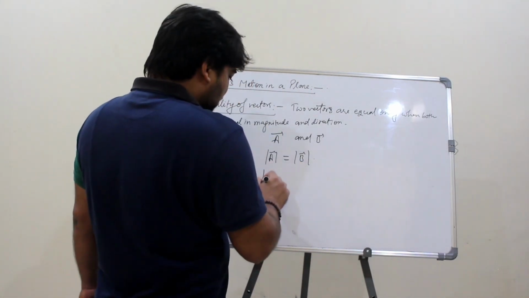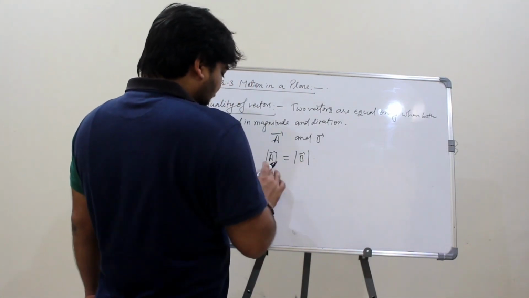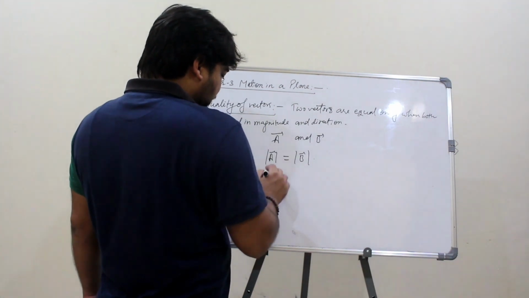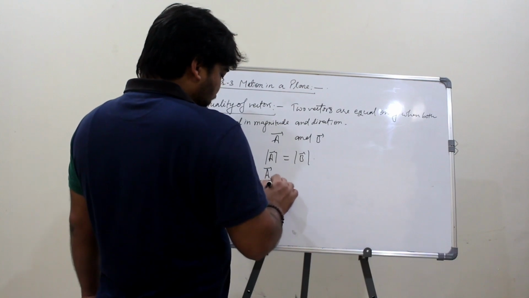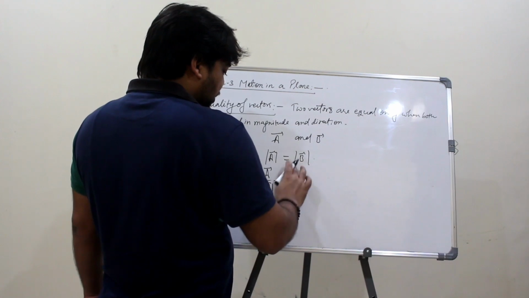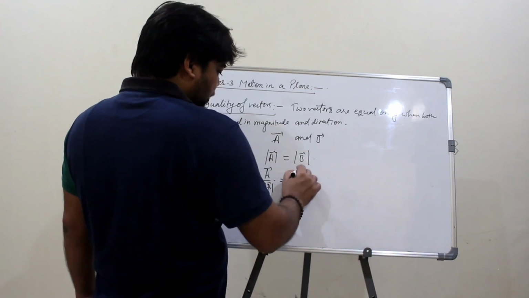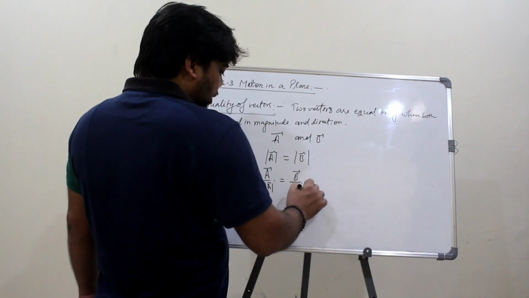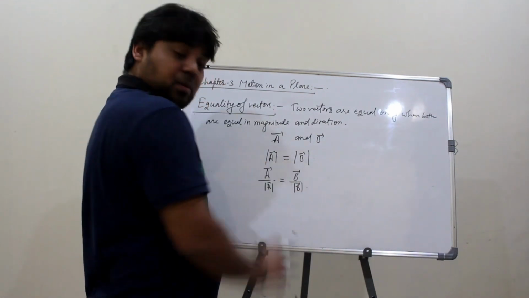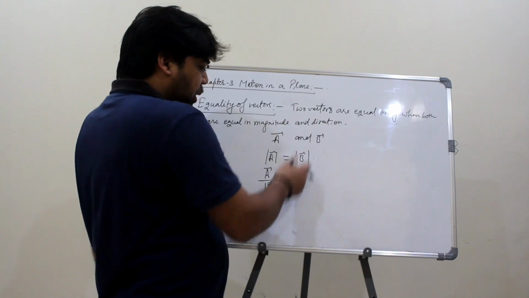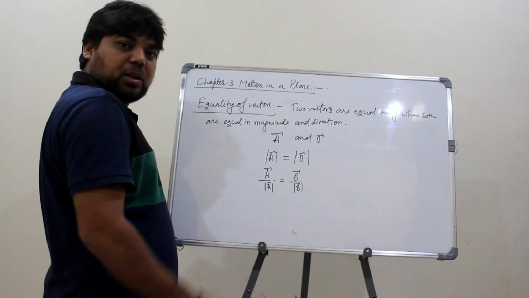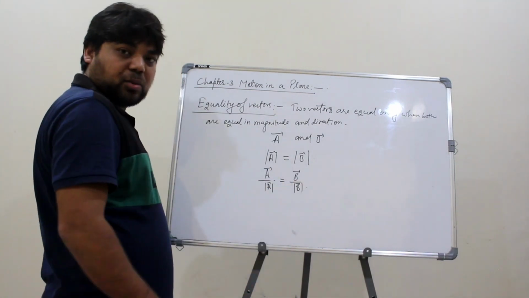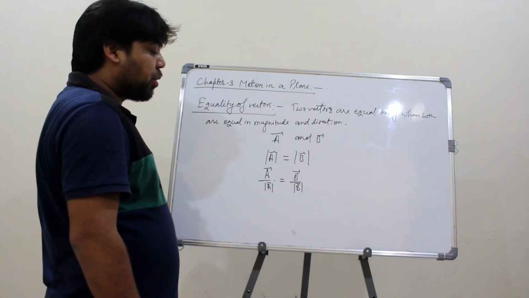The direction of the vector A is A divided by mod A, which must be equal to B divided by mod B. Right? This is what we call the unit vector, remember that. So the unit vector in the direction of A must be the same as the one in the direction of B. This is what we call equal.